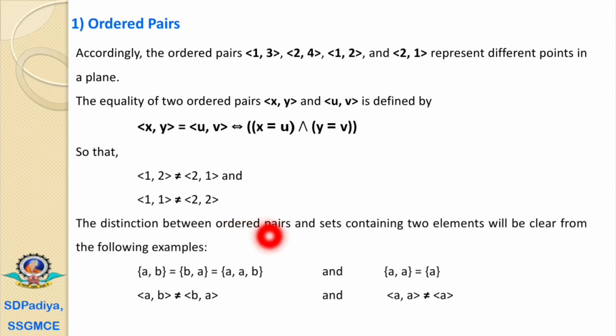The distinction between ordered pairs and sets containing two elements will be clear from the following example. The first example is for sets: the set {a, b} equals the set {b, a} equals the set {a, b}, because in a set order does not have any importance, and repeated terms also do not matter.